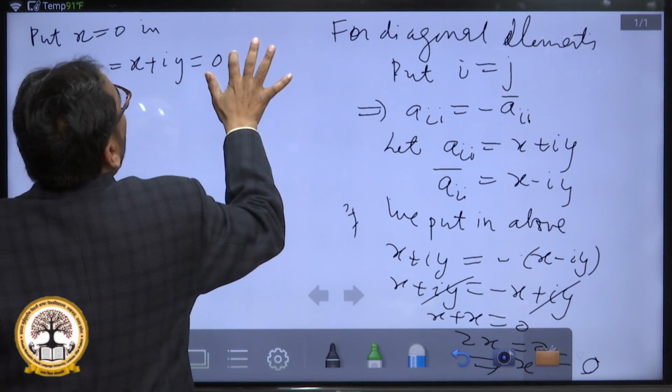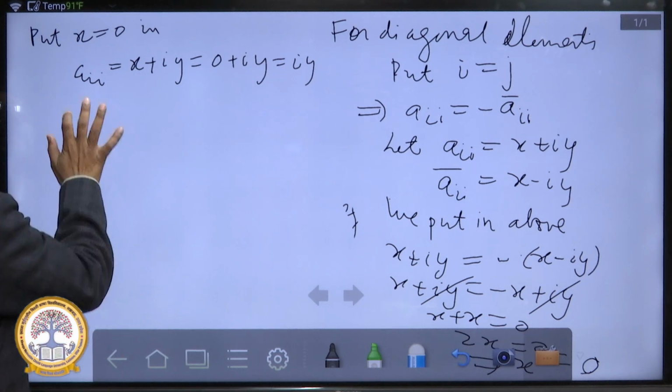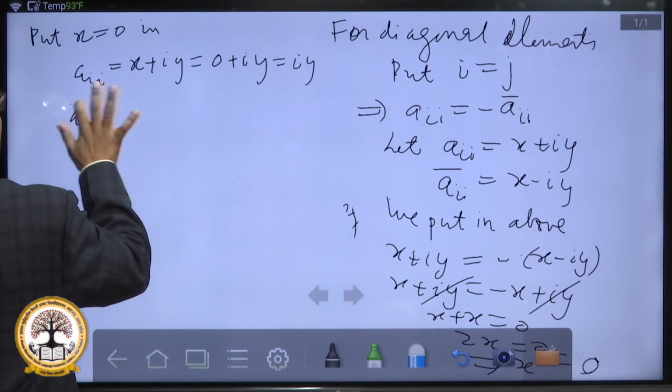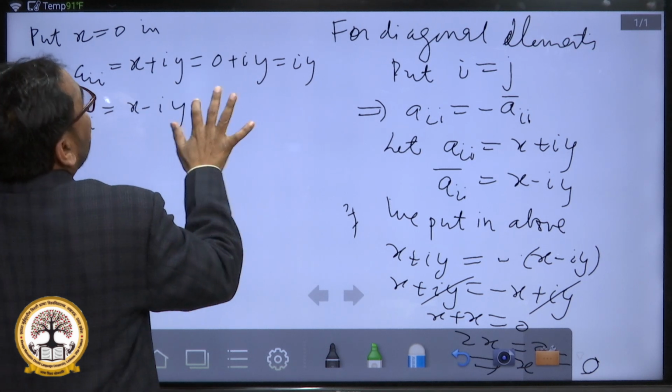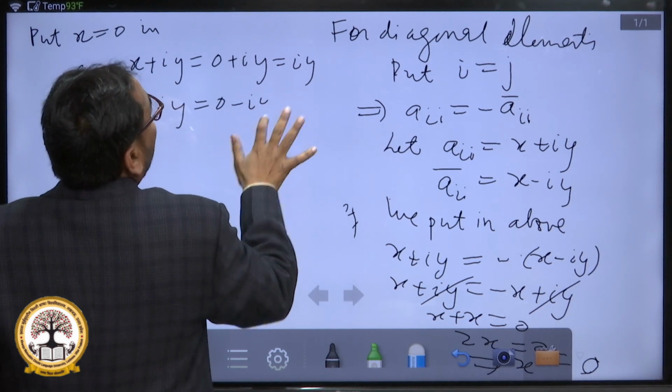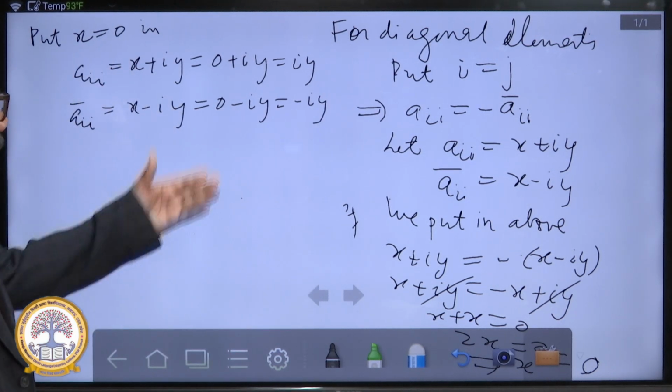It means 0 plus iy, that is iy. And aii bar is equal to x minus iy, which is 0 minus iy, that is minus iy.